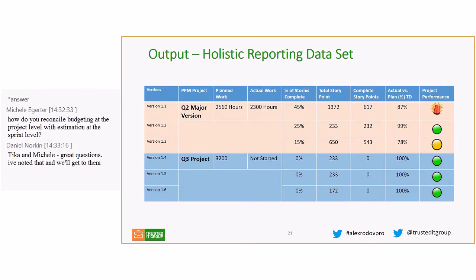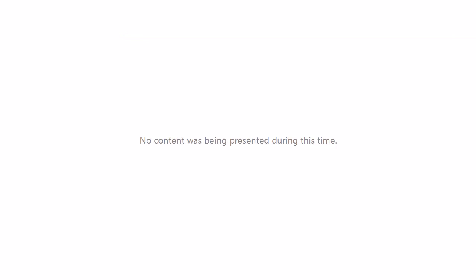And by the way, this project was approved for 2,500 hours, and we have already burned 2,300 hours, according to timesheets, right? So far this is PPM, well, except the versions, but the second, third, and fourth columns are coming from PPM, from the pure waterfall planning perspective.